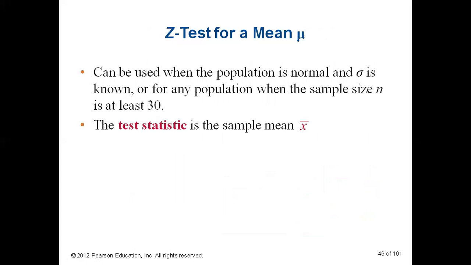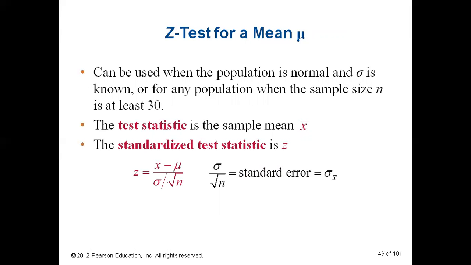The test statistic is the sample mean, represented by x bar. When the population is normal, sigma is known, and the sample size is greater than 30, we use this formula, where x bar is the test statistic and z is the standardized test statistic.